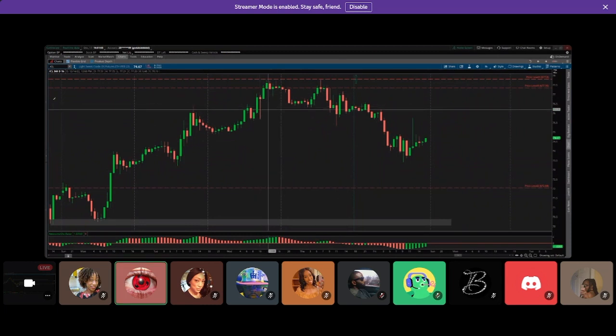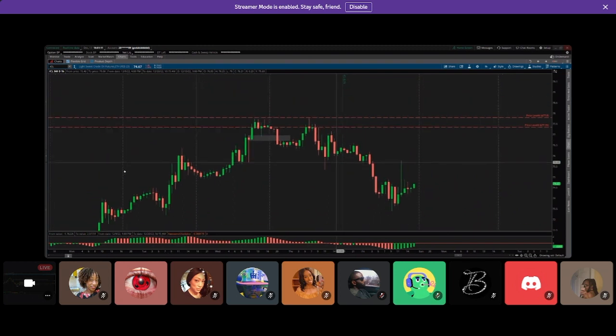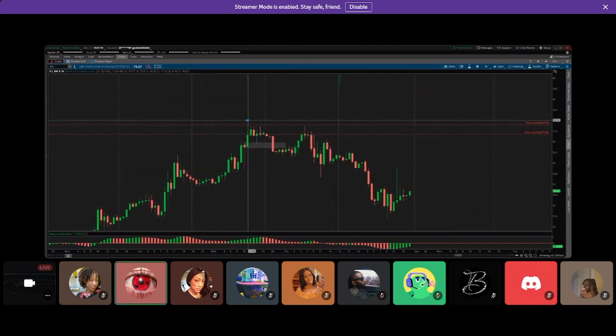So this becomes my point of control, right? Big green candle into supply, and I'm waiting for it to be engulfed. So big green candle into supply, we engulfed it on the next move, right? Breaking my point of control. See this big move down, breaking.